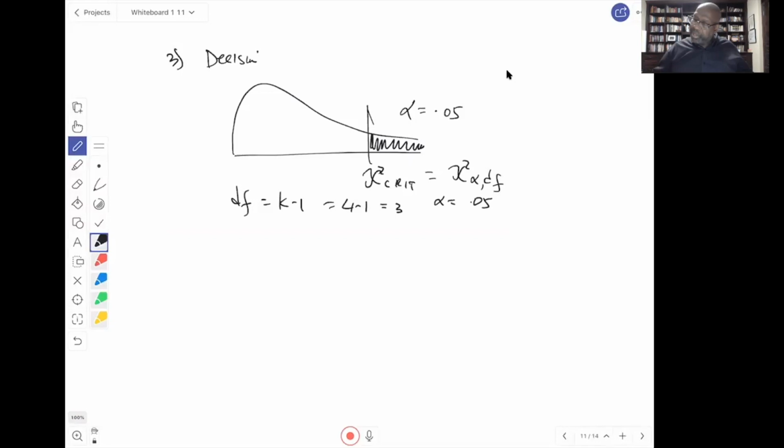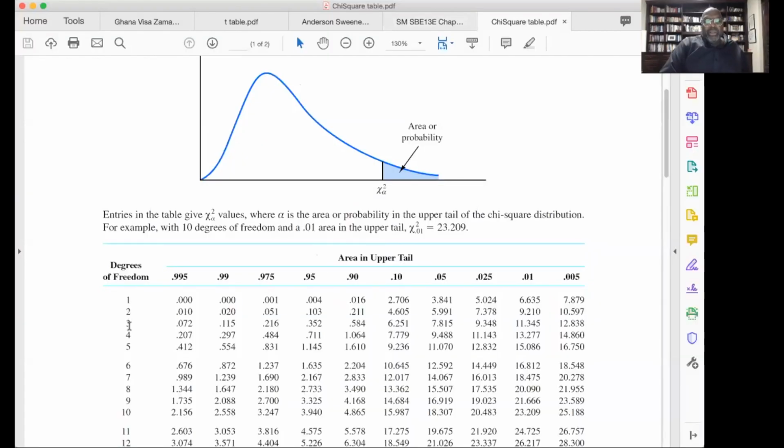And let's see what we got for a critical value. All right, let's take a look at the chi-squared distribution. So our degrees of freedom is 3, as you can see here.